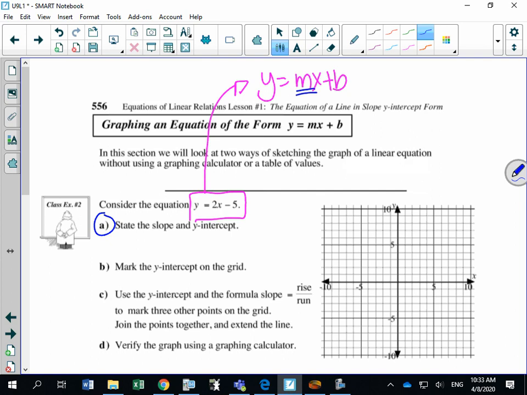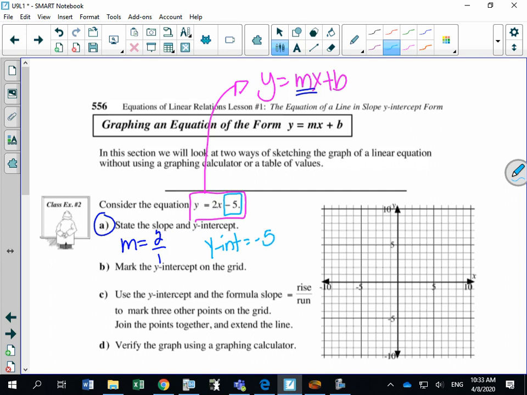It's always in front of your x. So my slope is equal to 2. And I would accept 2 over 1 because with slope, sometimes it's helpful to think about it in rise over run. So that's my slope. My y-intercept is my b value. And my y-intercept is -5.